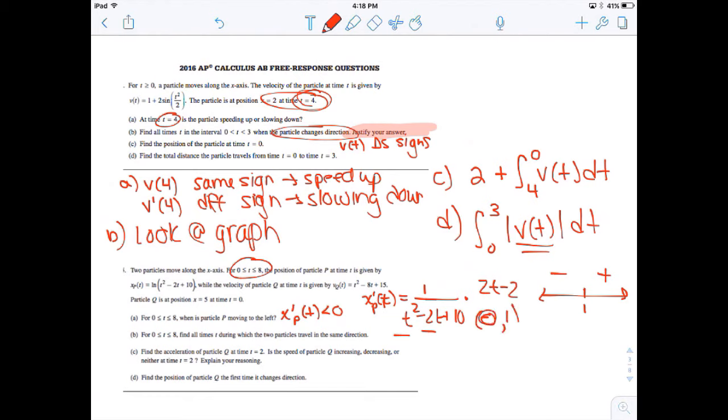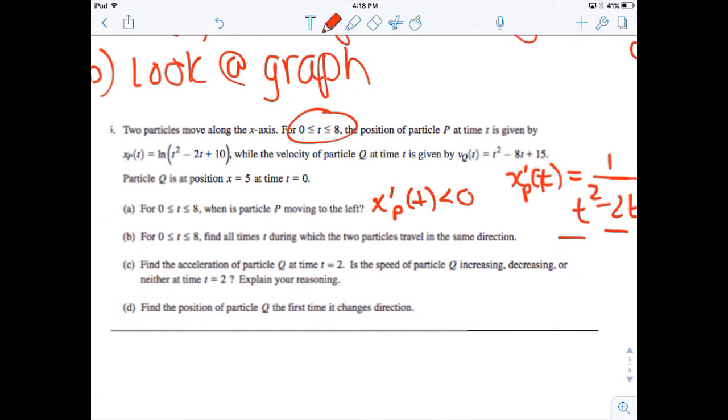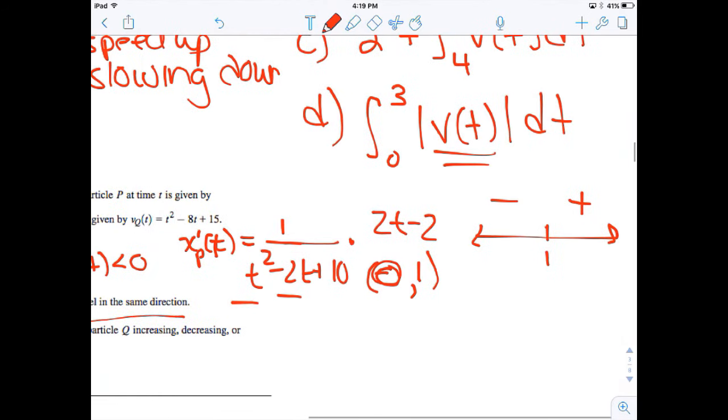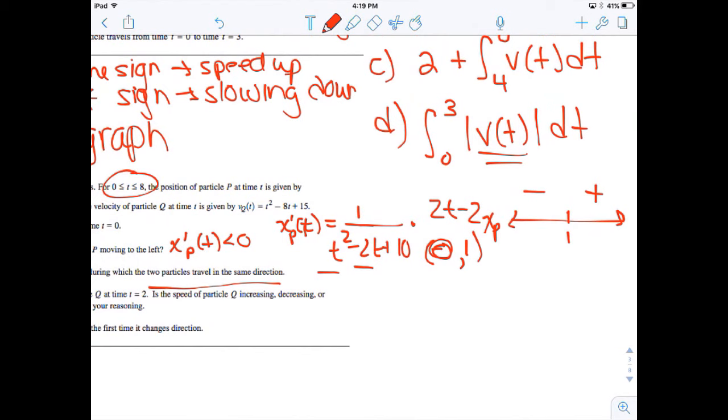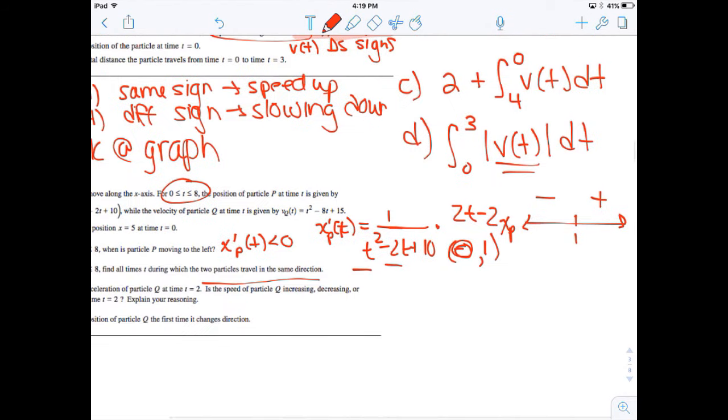Now for B, where will the two particles travel in the same direction? So which way particle P is moving, right, xp. And again, you'll have a lot of space to stay organized. Here I'm a little smushed because I didn't leave myself enough room. So let's look at the velocity here. And notice this is already the velocity of Q. So v of Q equals t squared minus 8t plus 15.